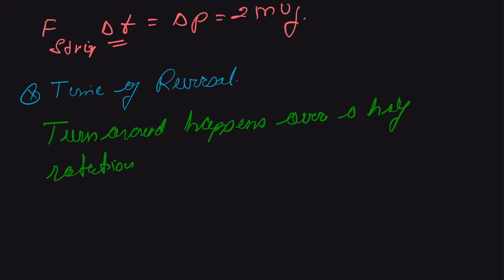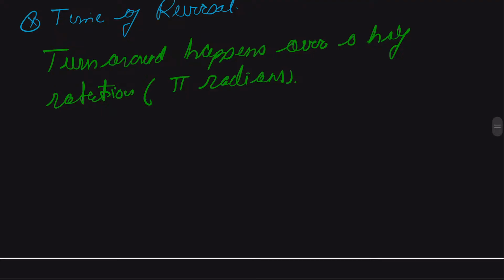Full rotation is our 2 pi and this half rotation is our pi radians. So based on this, we can say that omega multiplied by delta t will be equal to pi, and from here we can say that our delta t will be equal to pi upon omega.